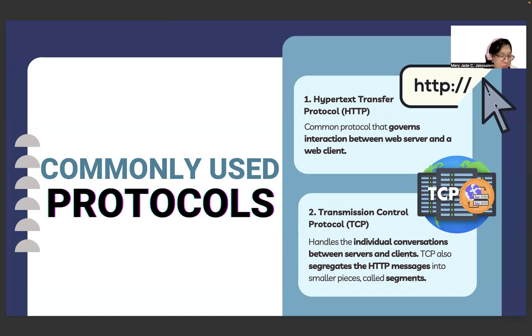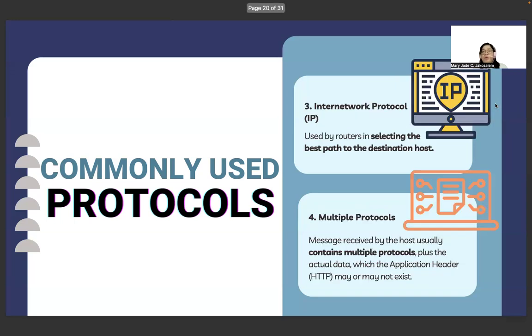It is also responsible for controlling the information exchange between a client and a server, such as the size of the data, flow control, how much is sent, how much is received, and so on and so forth. So that is TCP, or Transmission Control Protocol.